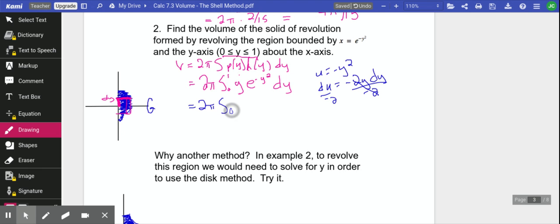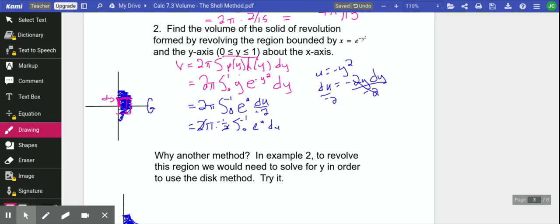So we're going to go from 0. When I plug in 1, I get negative 1. E to the u, and then we have du over negative 2. All right, so we're going to pull that negative 1/2 out. Which of course those will cancel.